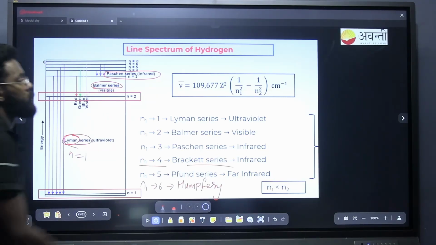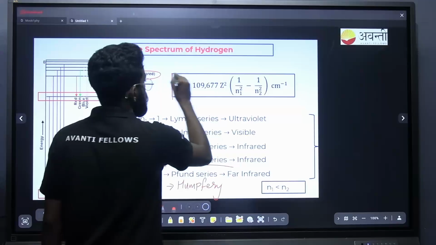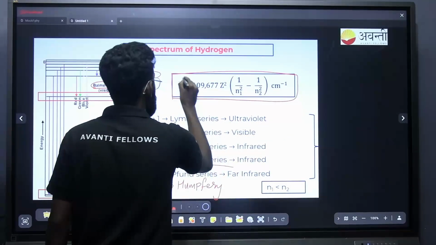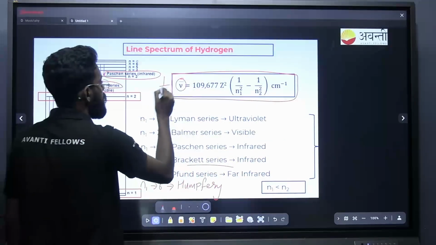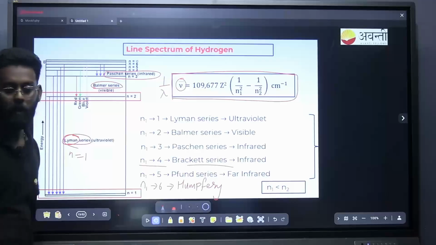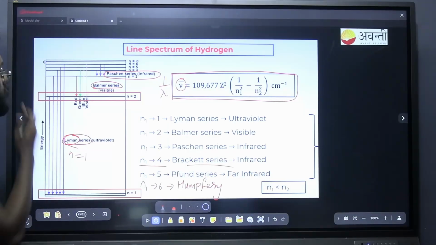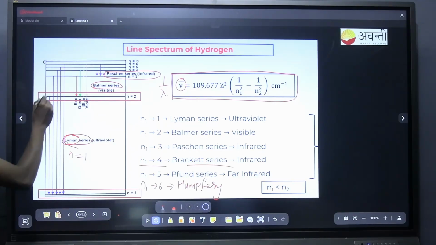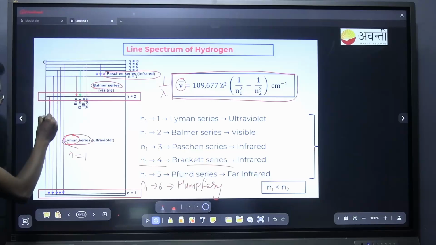Now here you can see an equation, calculation of wave number. Wave number is also inverse of lambda. Now see here students, suppose an electron jumps from n is equal to 2 to n is equal to 1.